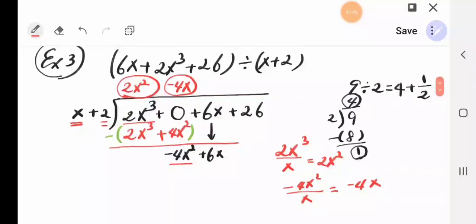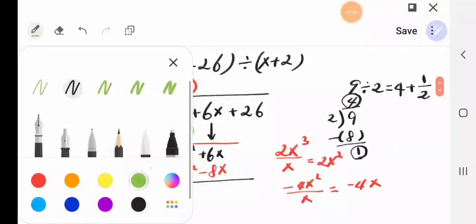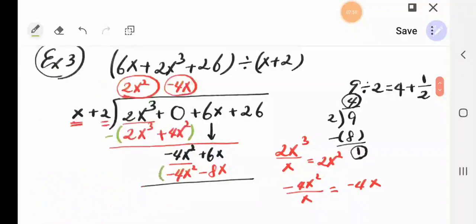And then multiply x and negative 4x, which is of course negative 4x squared. Multiply 2 by negative 4x, so negative 8x. Okay, and then we'll subtract the second line from the first line.